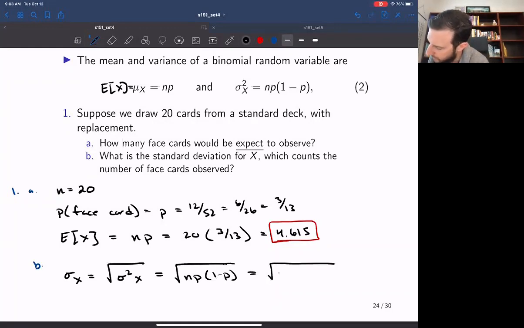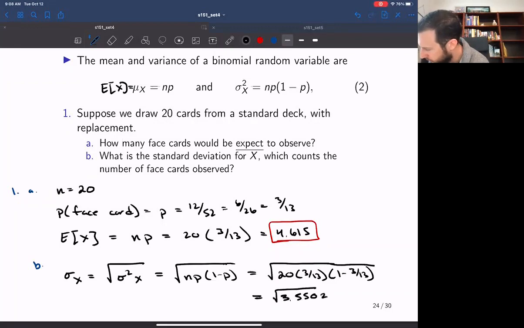So this is going to be 20 times 3/13 times 1 minus 3/13, which is the square root of 3.550296, which is 1.884.